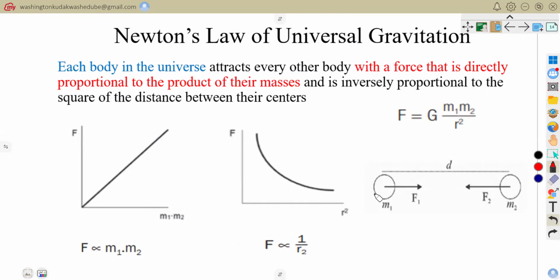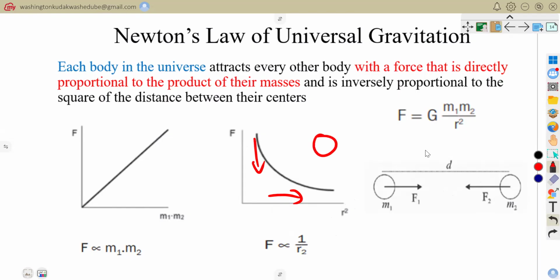And then in this diagram, we are saying that whenever you draw your force on the y-axis and the square of the distance between the two centers of the two objects, you will see that this force is inversely proportional to the square of this distance. What it means is, as you increase the square of the distance here, you decrease the force of attraction between the objects.